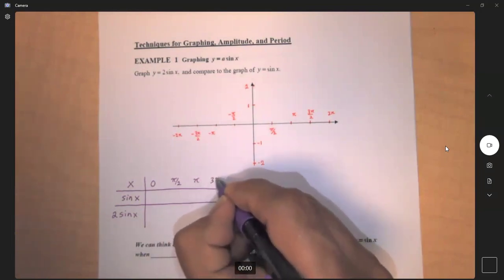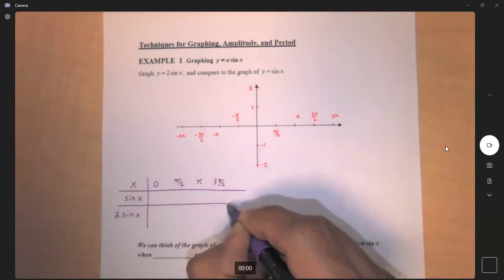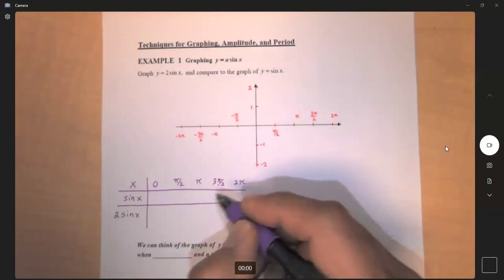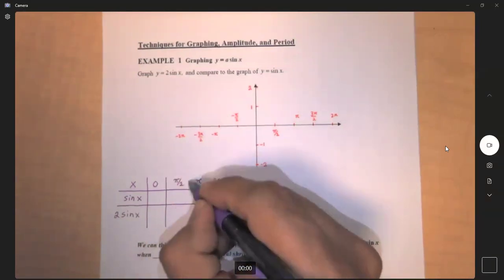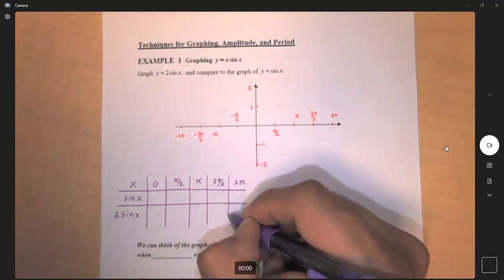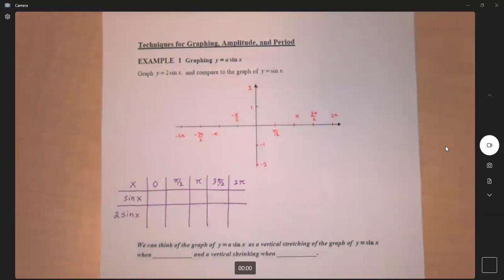And I want to write out enough of these values where one period of the graph happens. Since its period is 2 pi, I broke this up into 4 intervals. They look like 5 because of the 0, but the 0 kind of doesn't count.